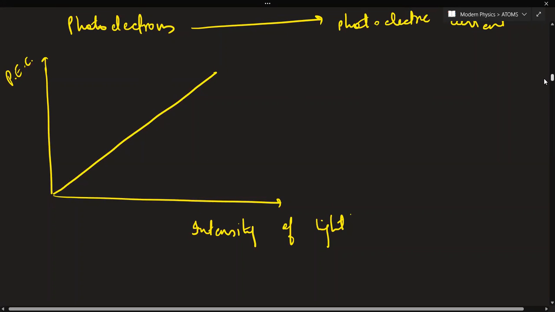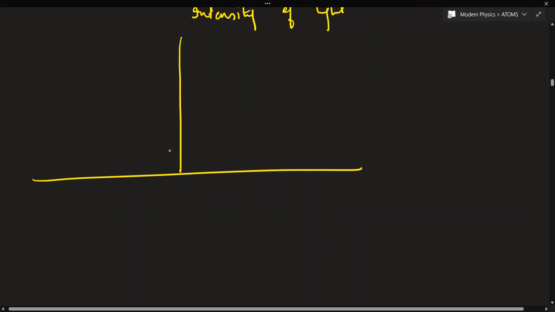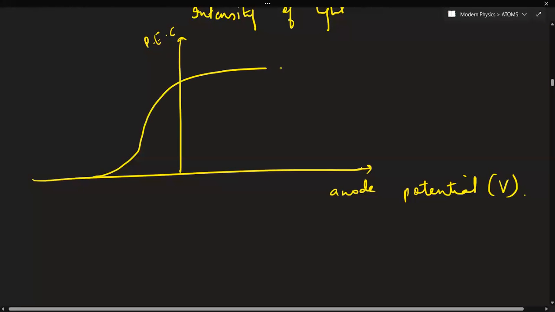Now see, the effect of potential you have to remember. This y-axis represents the photoelectric current, and this is the anode potential V. With increasing accelerating potential, the photoelectric current increases, and a stage is reached where it becomes maximum and does not increase further with increasing potential.